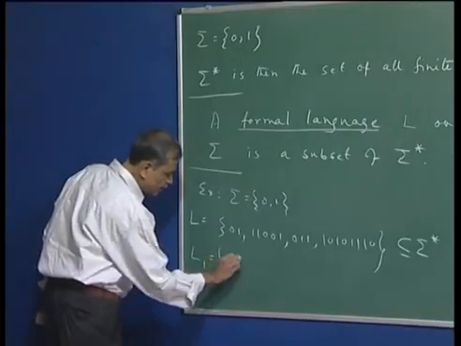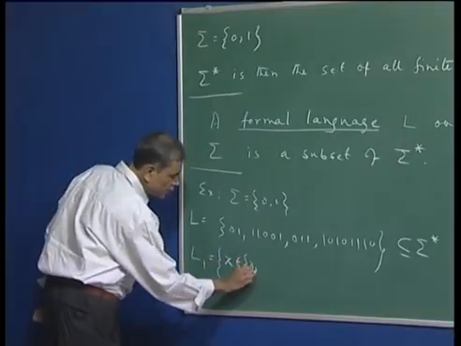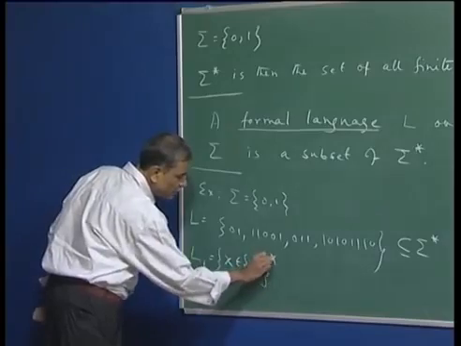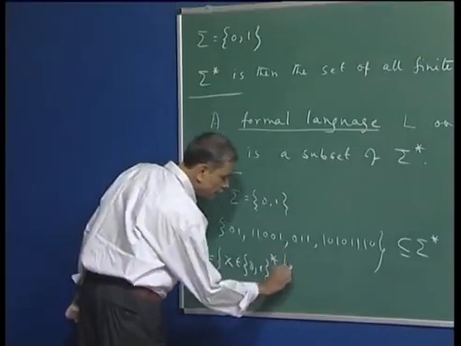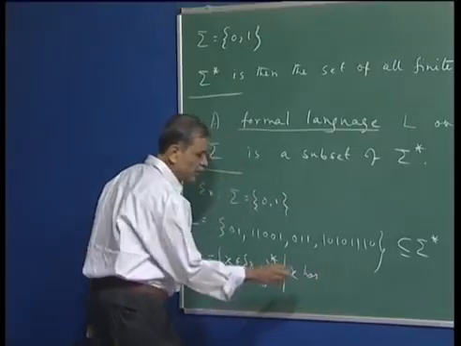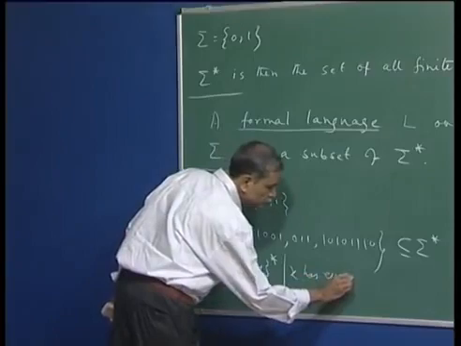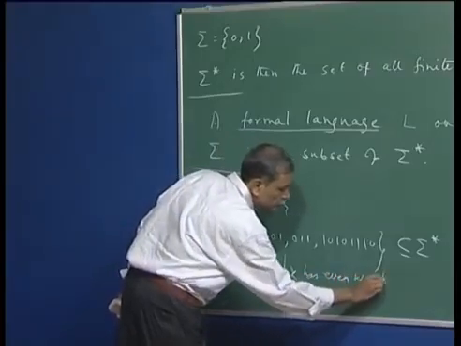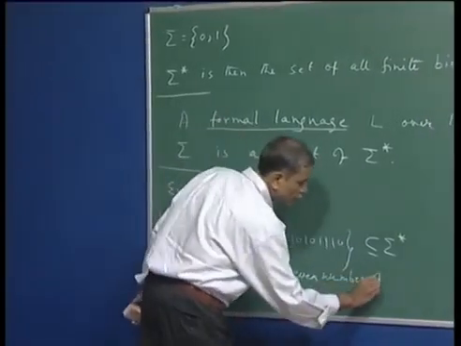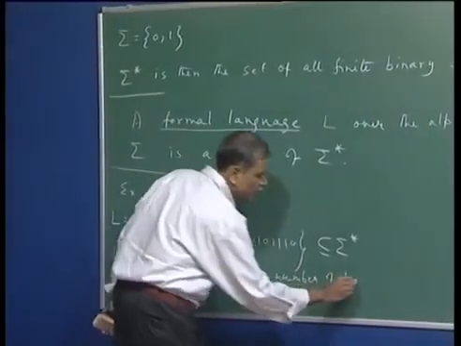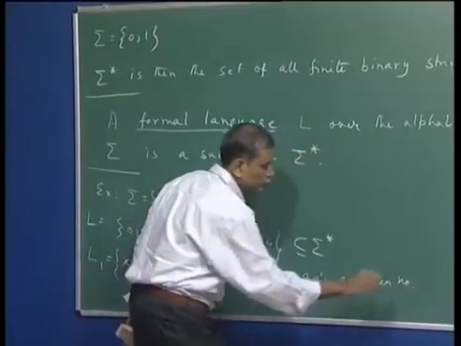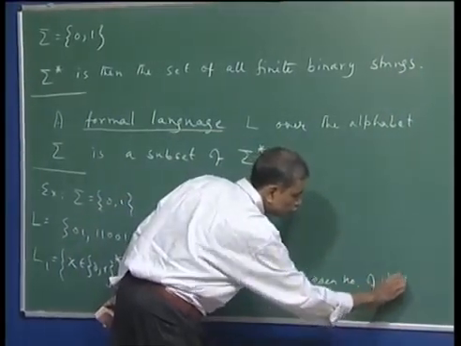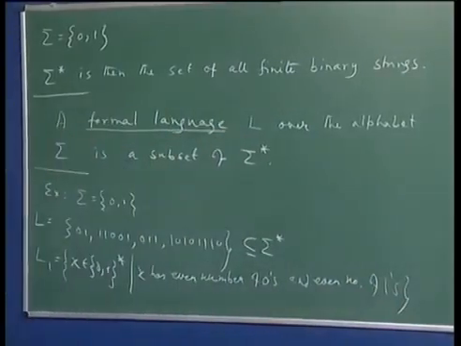But more interesting would be the example, let us say L 1: x is in {0,1}, this is an alphabet, now I am putting the star over it. So x is a binary string such that x has an even number of zeros and an even number of ones. How many such strings are there? Clearly infinitely many.